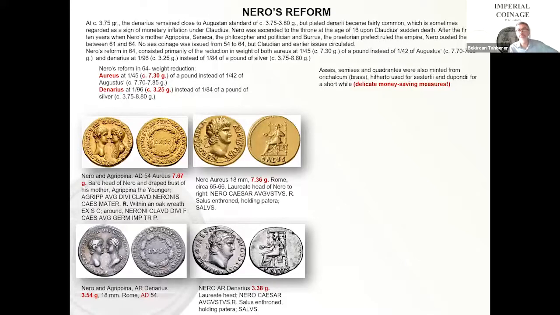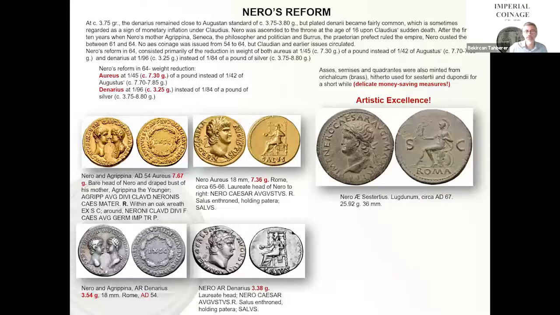So it's a delicate money-saving measure at that time, which didn't take very long. I guess it was not well received by the public, and after a short while, he turned back to using copper for previously copper minted coins.